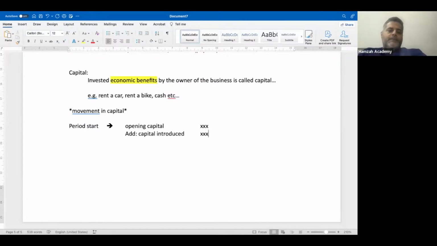That will be added over here. Similarly, if I get a profit, that will be added over here. If I get a loss, that will be deducted from here. If I have some expenses, they will be deducted from here. If I have some drawings, they will be deducted from here, right?